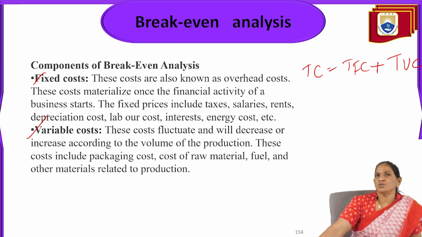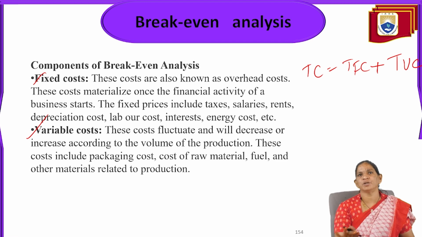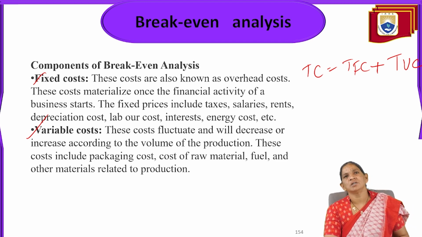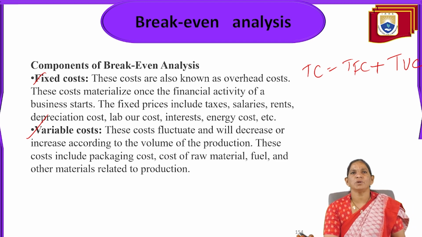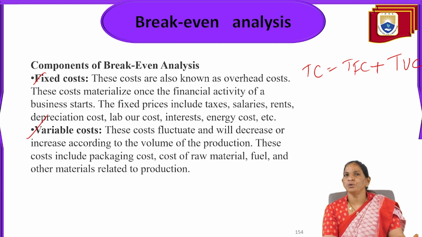As we know, fixed cost is fixed, like salaries, rent, depreciation, energy cost. Up to a certain level or capacity level of the organization, they will not change. And naturally, variable cost goes on increasing or decreasing according to the volume of production. If for 10,000 units the cost per unit is 1 rupee, it is 10,000.